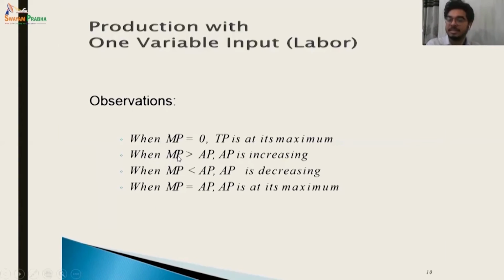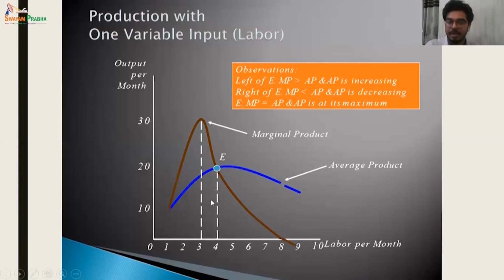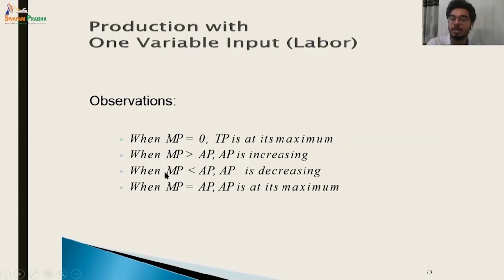Marginal product is greater than average product when average product is increasing. In that stretch, marginal product is above the average product, and hence MP is greater than AP. Marginal product is less than average product when AP is decreasing.